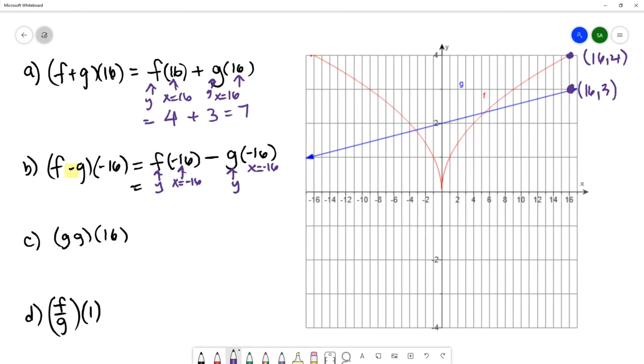So over here on the left hand side, I've got this ordered pair, which is on g, and that is the ordered pair (-16, 1). And this value right here is on the graph of f, and that is (-16, 4). So f of -16 is 4. g of -16 is 1, and I want to subtract those values, and that gives 3.